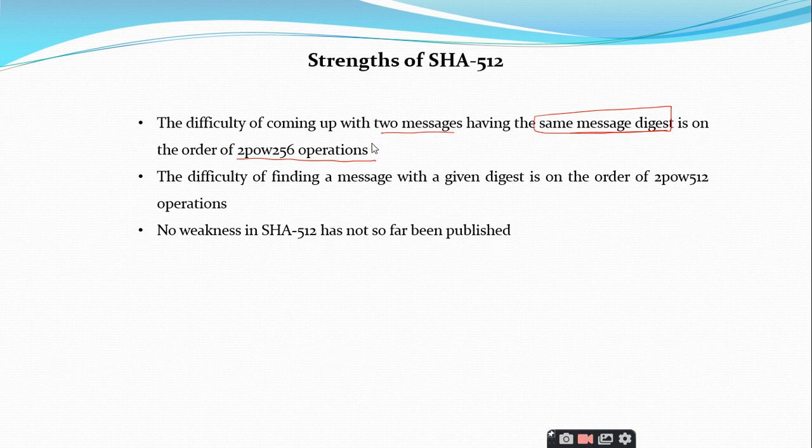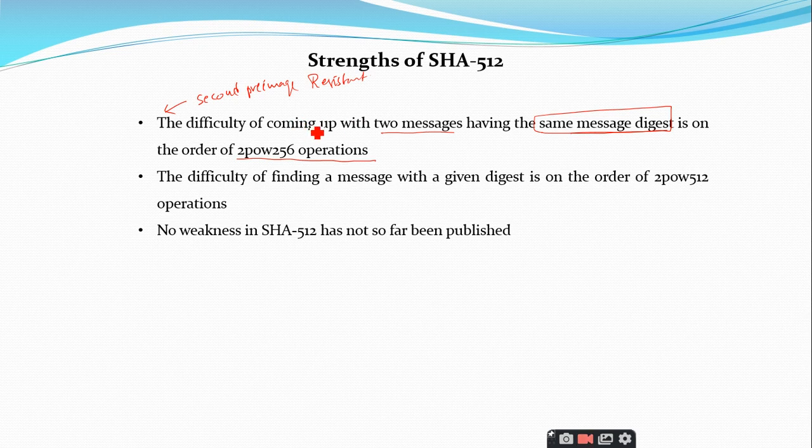So this is what we have seen, right? This is one of the resistant properties, which is nothing but the pre-image resistance. It's not the pre-image resistance, it is the second pre-image resistance. This is the required property for the SHA algorithm or for any hash function. So this particular strength represents the second pre-image resistant property, which is a very important property that you should understand.